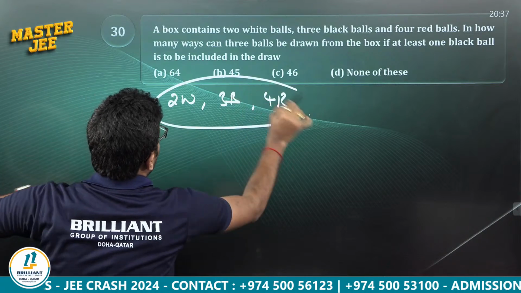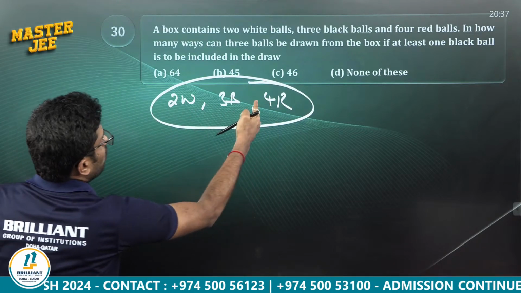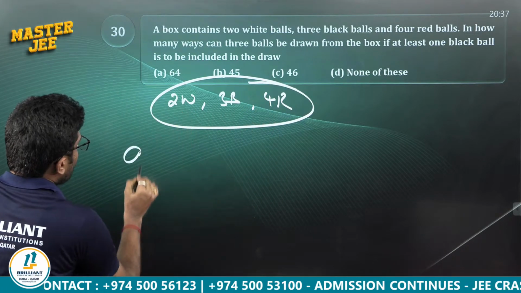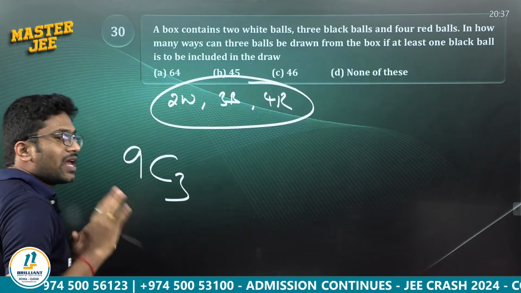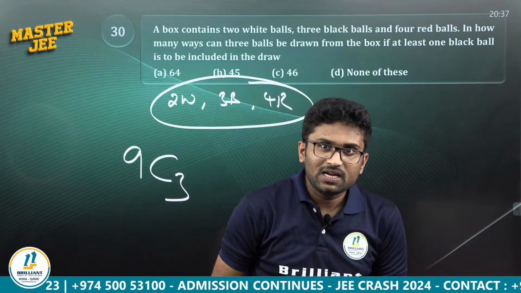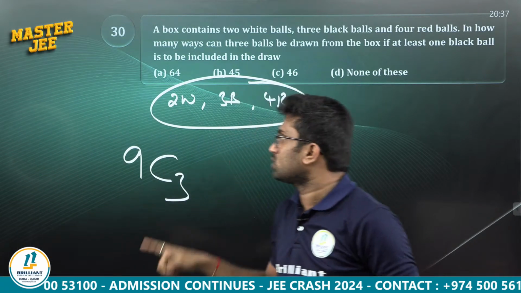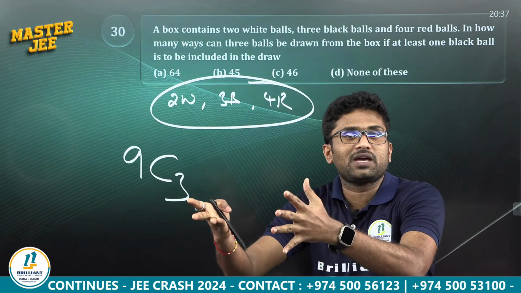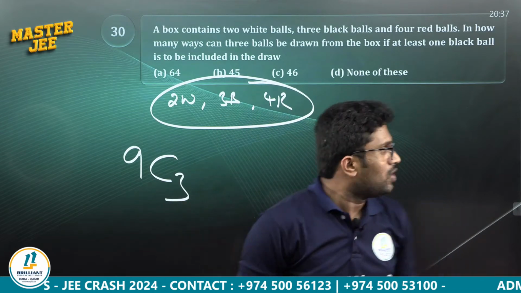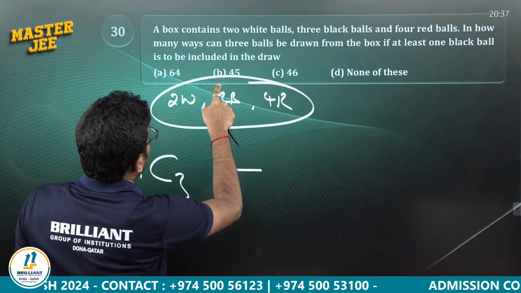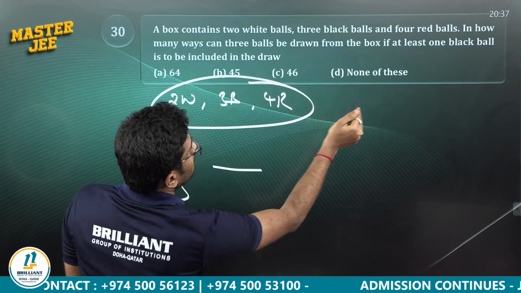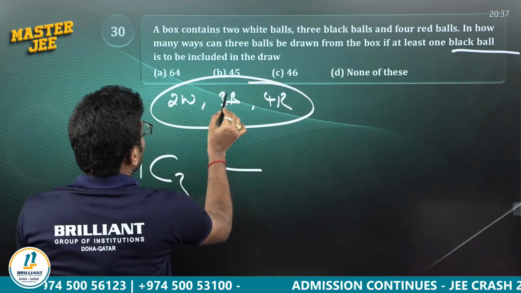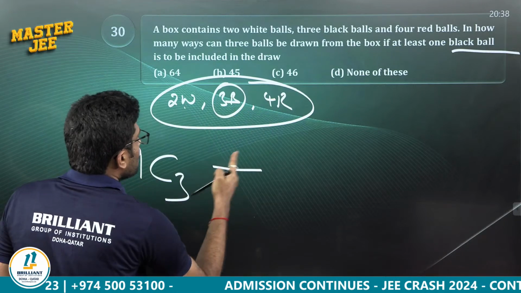Now, in total how many balls do we have? 4 plus 3 is 7, 7 plus 2 is 9. Out of 9 we select 3, so 9C3 ways. This is selecting 3 balls out of the total. But of these, there exist some cases without a black ball. Without a black ball, we have 4 plus 2, 6 objects.